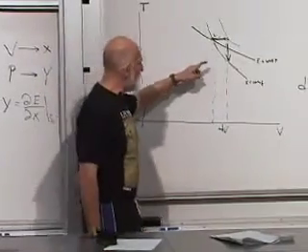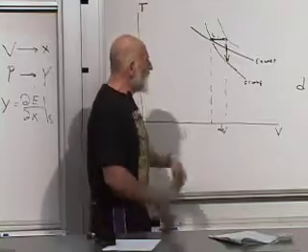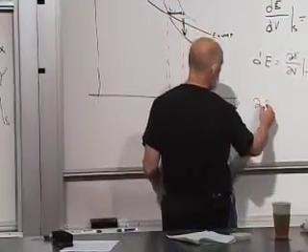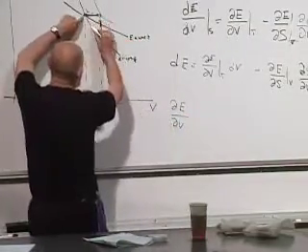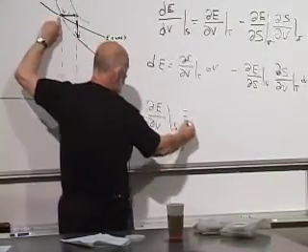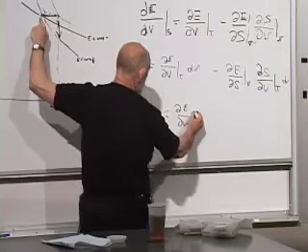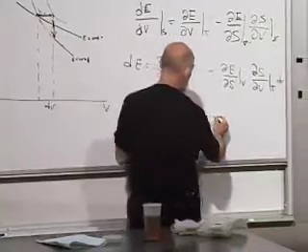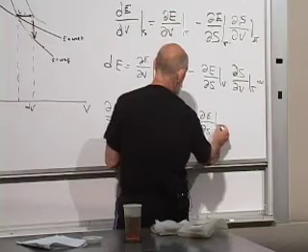It's a change in energy in going from here to here. That's what it is. Now if I divide it by d volume, then I get the derivative of energy with respect to volume along this line, which is constant entropy. That's equal to the derivative of energy with respect to volume at fixed temperature, minus the derivative of energy with respect to entropy at fixed volume.